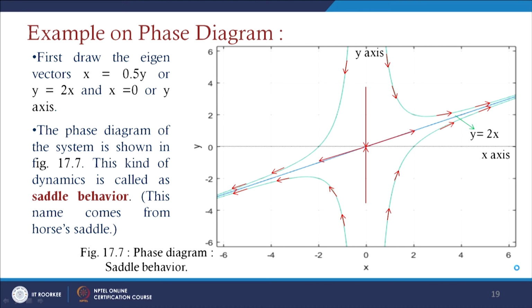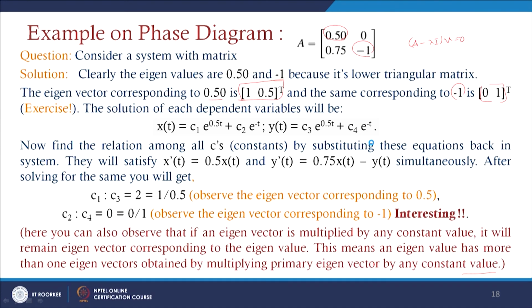If you see the point 0 0, along the y axis, since the eigenvalue is negative, it approaches towards the point 0 0, and along the x axis the eigenvalue is 0.5, which is positive.